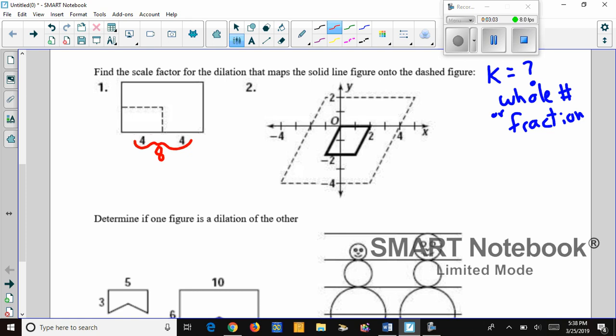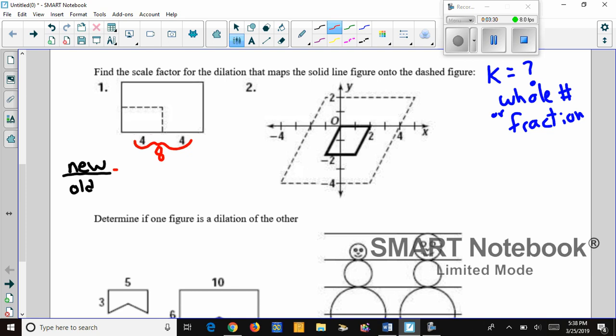And what we want to decide is, from the large one to the bottom one, what is the scale factor? In order to find the scale factor, we're going to take the new measurement and divide it by the old measurement.